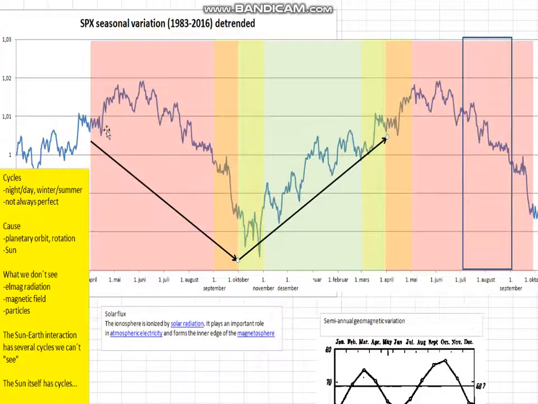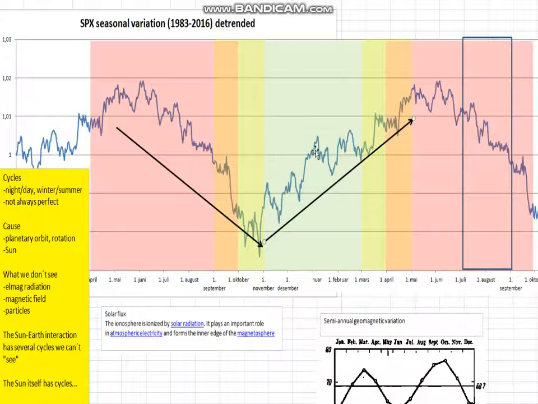We can see that the bearish period here extends longer, it overextends, so to say, and the bullish period starts a bit later than expected and then overextends. So a possible explanation is we have a bearish bias going into October, and then we are hit by the geomagnetic instability, which causes irrational behavior.